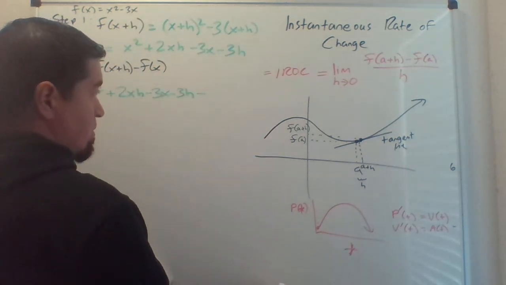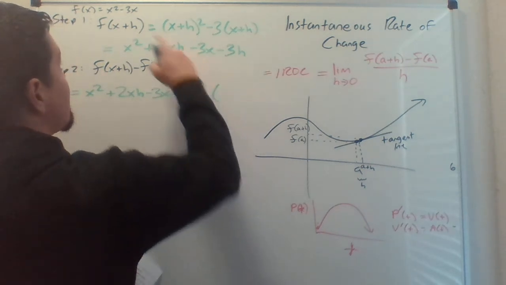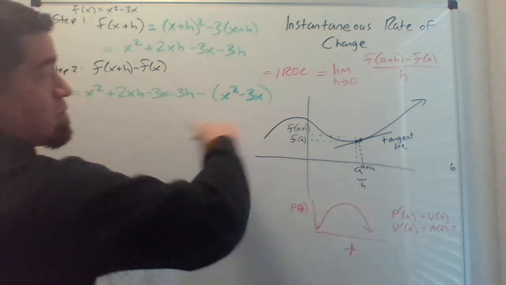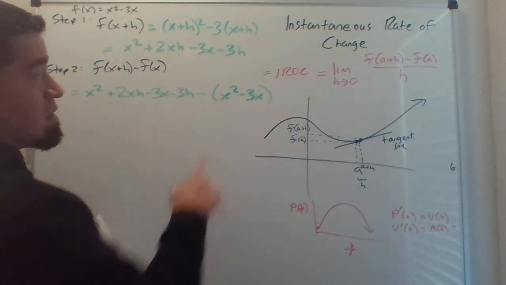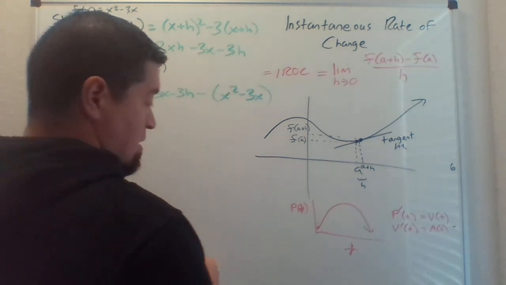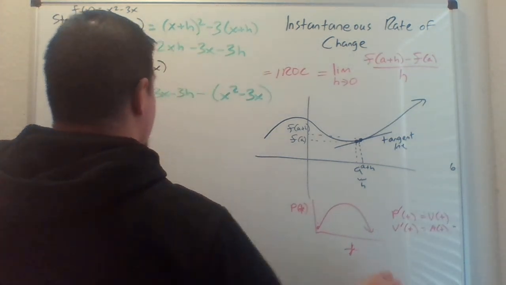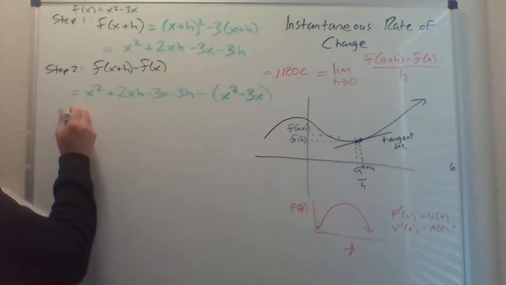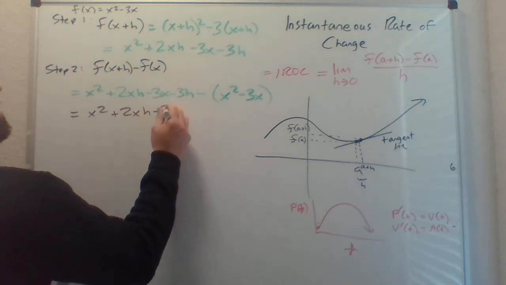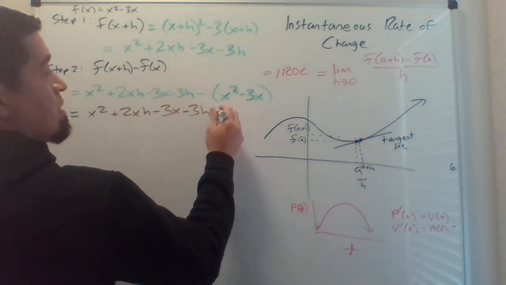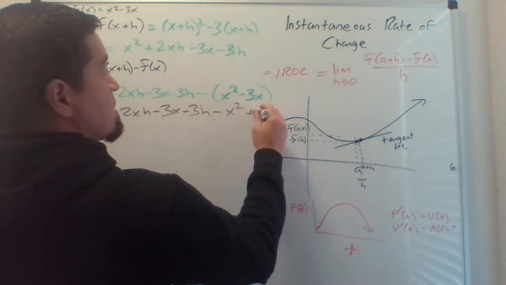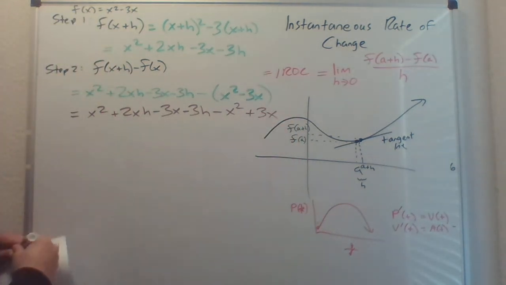You want to put it all in parentheses because you're subtracting all of f of x, which is x squared minus 3x. So you got to subtract it all. Otherwise you're just subtracting x squared. What you should be doing, what you'll see on the next step, is distributing this, which we're going to get x squared plus 2xh minus 3x minus 3h minus x squared, because of the negative x squared, and the negative negative turns to plus 3x. So this is what you end up with.